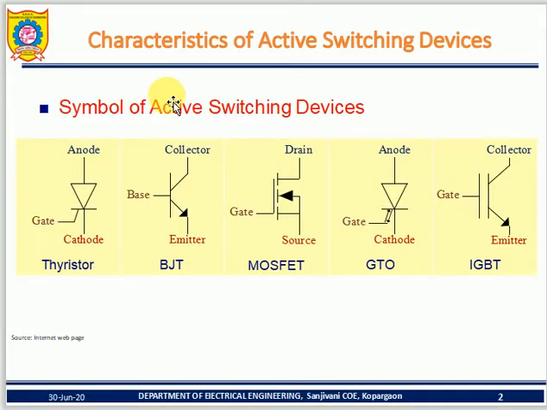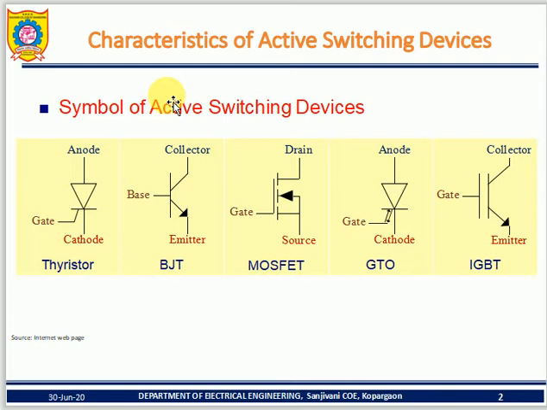The slide is showing the symbols of power semiconductor devices. They start with the diode, SCR, MOSFET, IGBT, GTO, etc.